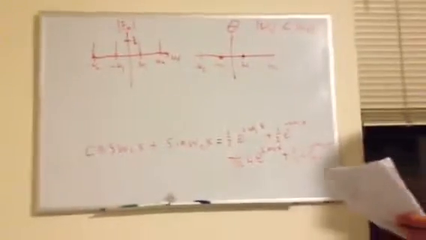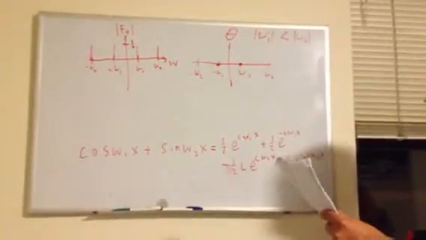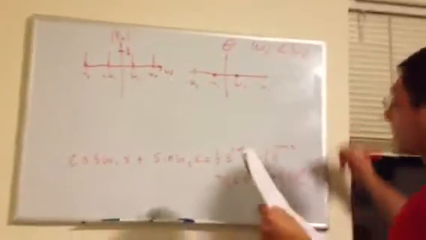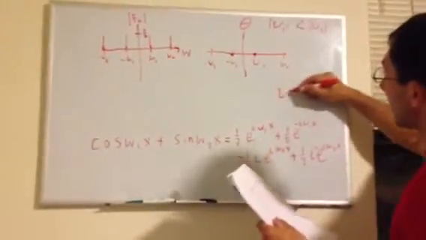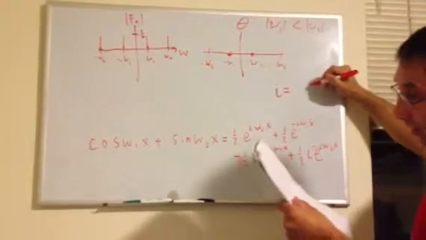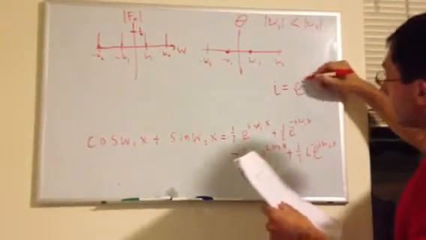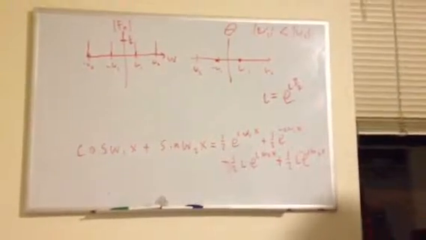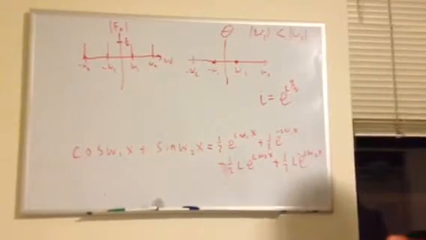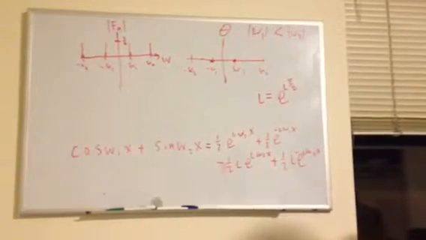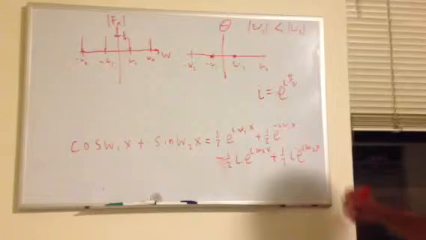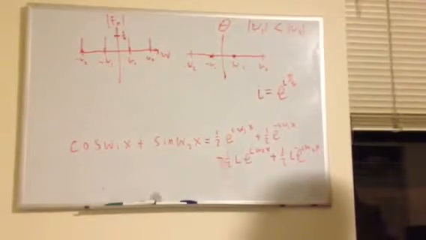Pay very close attention to the unit phasor. That's very important. But one thing I'll just write right now is i is equal to e to the i pi over 2. That's just to show you how it goes around the phase angle when you have an imaginary component.